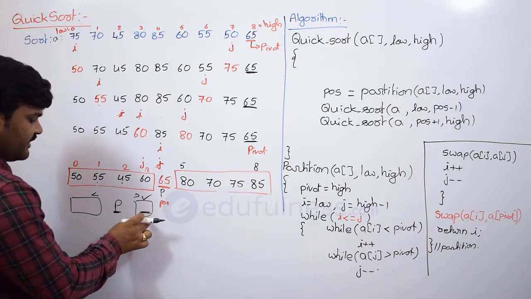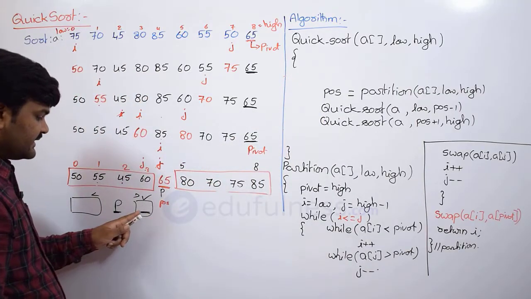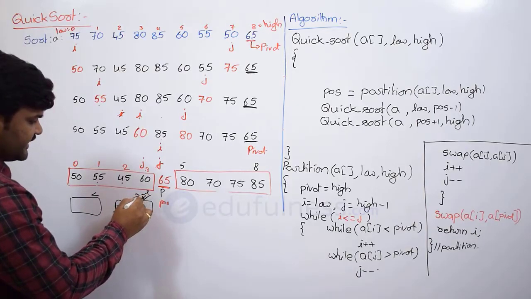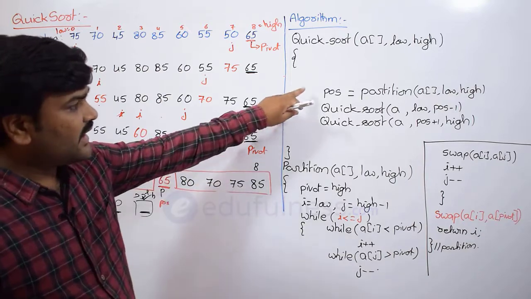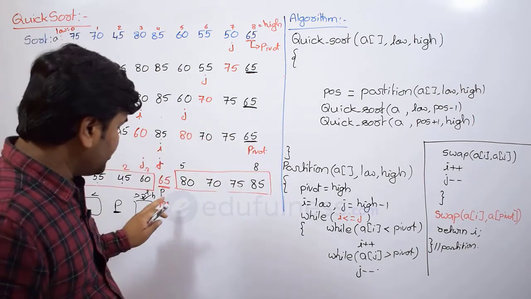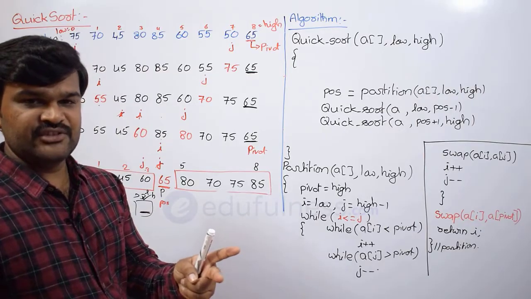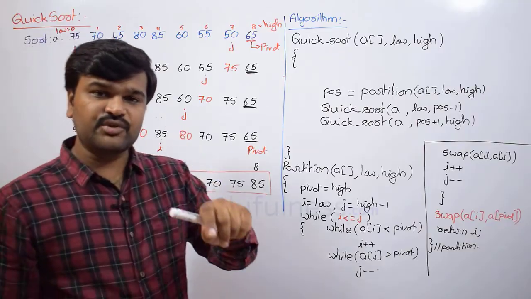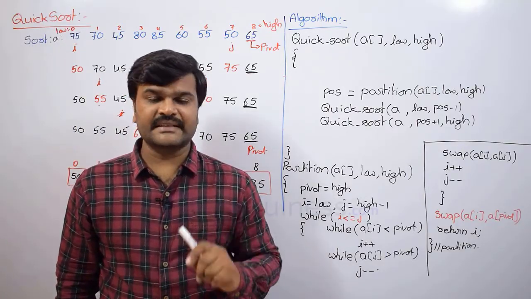So when are you going to stop these recursive calls? For example, in this case low is 3, high is also 3. Whenever low is less than high, you have at least 2 elements, so you have to apply quicksort. Whenever low is equal to high, you have only one element, so you need not do anything.